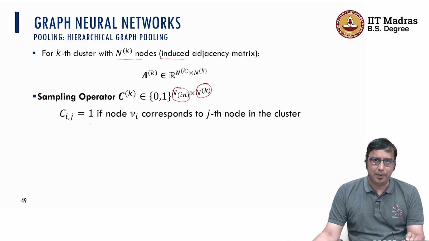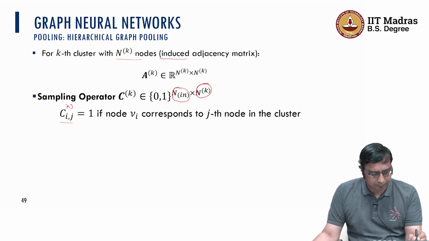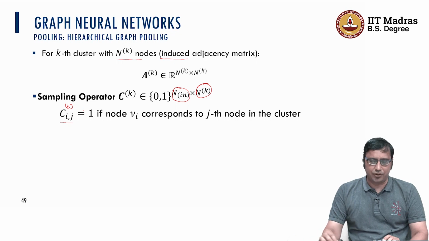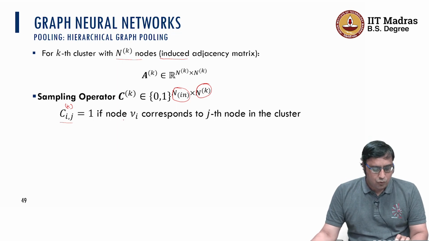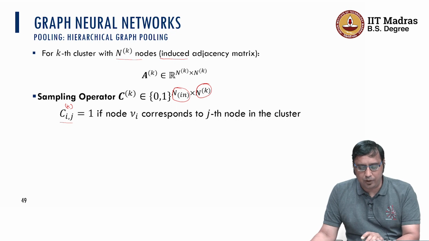Here, each element of this C_k matrix, C_ij, where k denotes the kth cluster, is equal to 1 if node v_i corresponds to the jth node in the cluster.